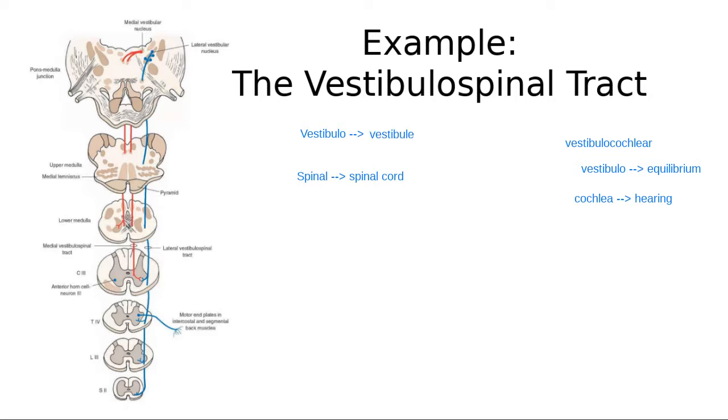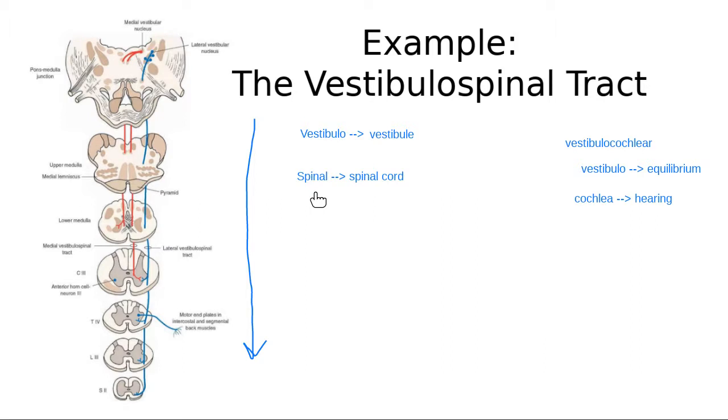The vestibule is the part that helps you with balance, with equilibrium. We're starting up in the brainstem that's collecting information from the ears for balance. We're ending in the spinal cord because of the spinal part. This is another example of a descending tract, an example of something where we start higher and end lower.